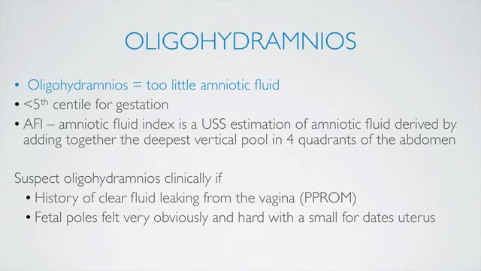And obviously if you've lost some amniotic fluid, it's not going to be in the uterus and you're going to have oligohydramnios. The other clinical sign is when the fetal poles, so as in the head, the feet, the bottom, any part of the fetus that you can feel very obviously on examination and would feel obvious and hard, is an indication that there's not enough amniotic fluid. You can feel a baby when you examine a pregnant woman, but you shouldn't be able to feel it very, very easily.